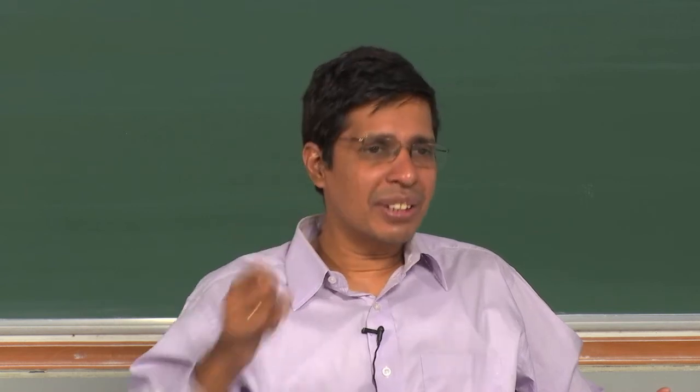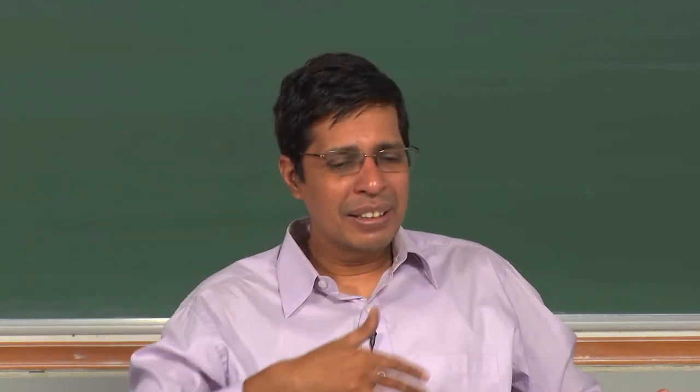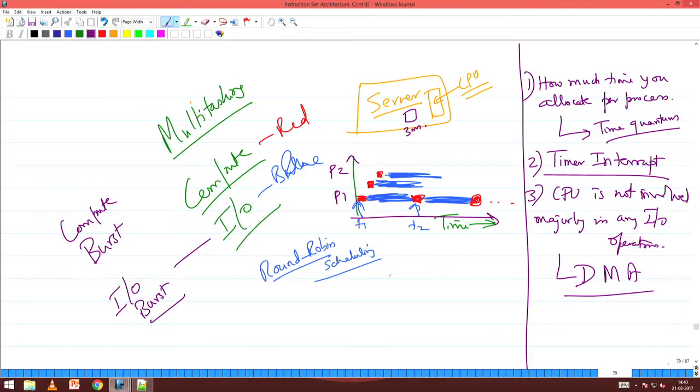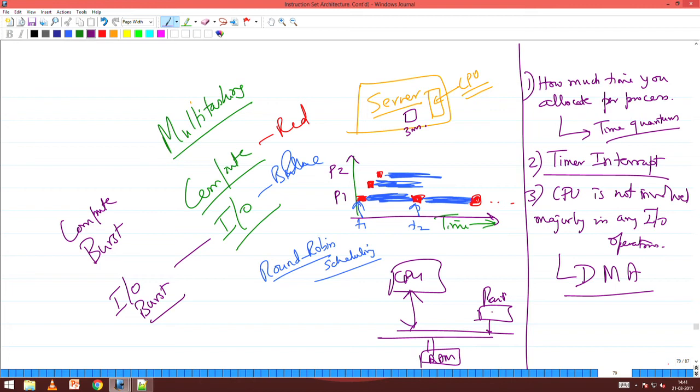Now when he is executing, that fellow is basically doing his IO, and that IO is happening with the peripheral and the memory. That means what? The front side bus, right, this is the CPU, this is the peripheral which our fellow wants to access, and this is RAM, CPU is also connected. Now this peripheral and RAM are talking to each other, so this bus is not free, correct, bus is not free.